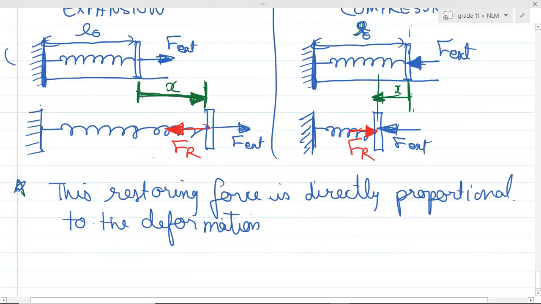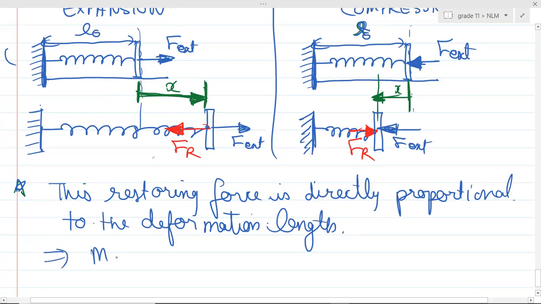That means the more we displace it from the original position, the more the value of this x, the more will be the magnitude of this Fr. So this restoring force is directly proportional to the deformation length.